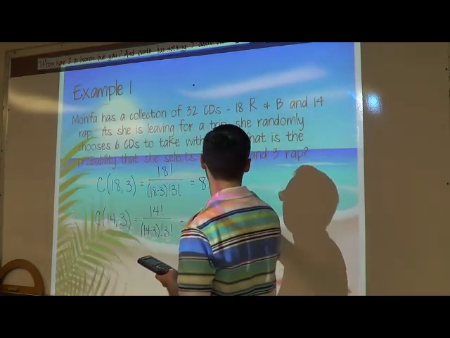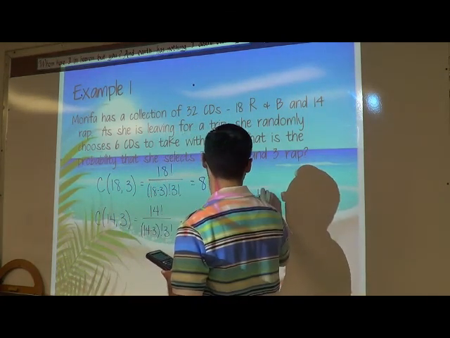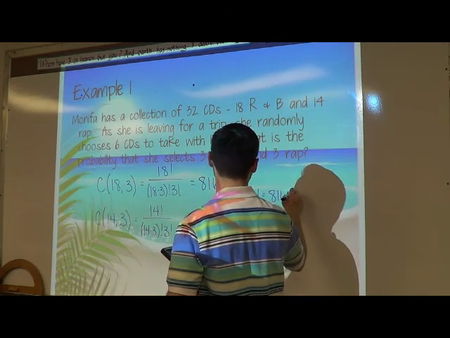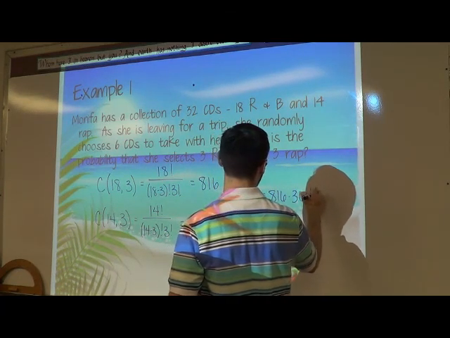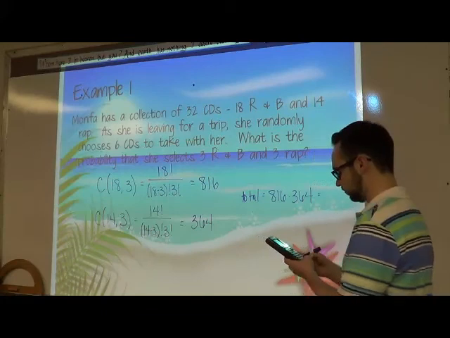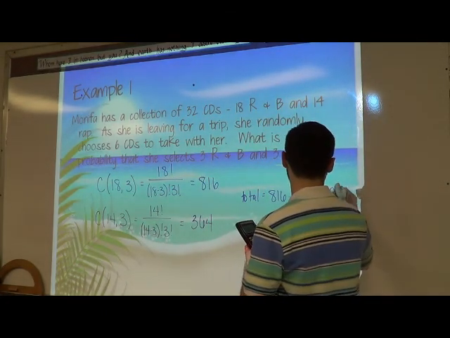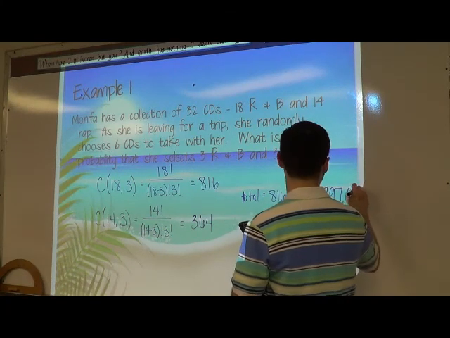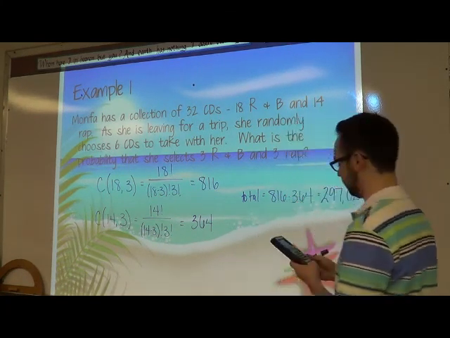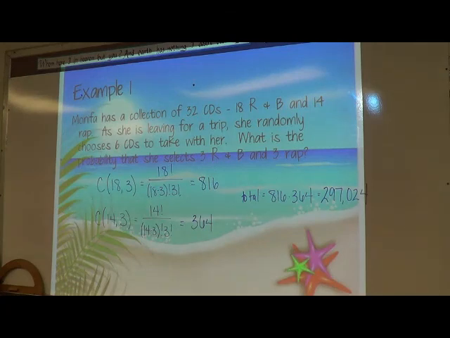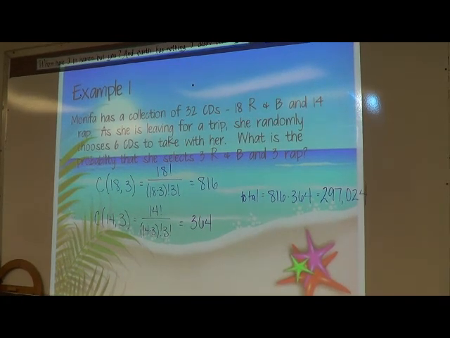So the total number of ways would then be 816 times 364, and that is going to be 297,024 from choosing 3 of each. So that's our total number of successes.